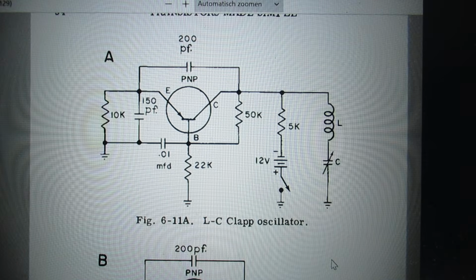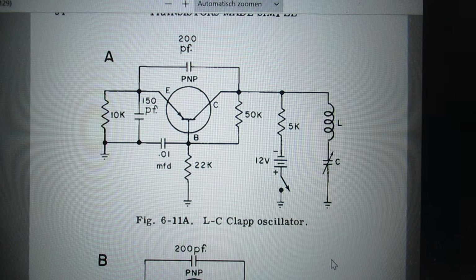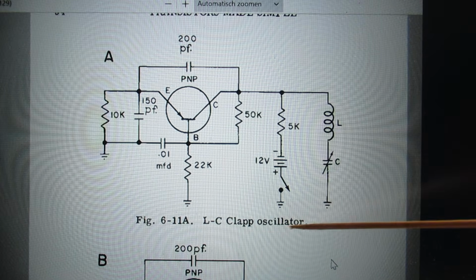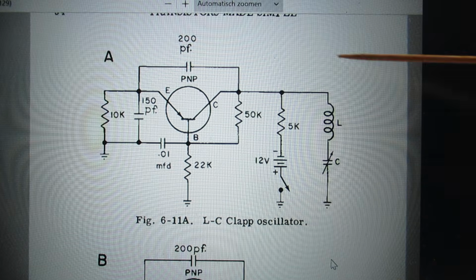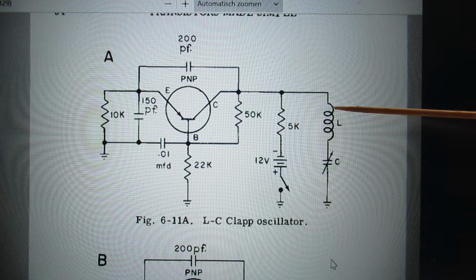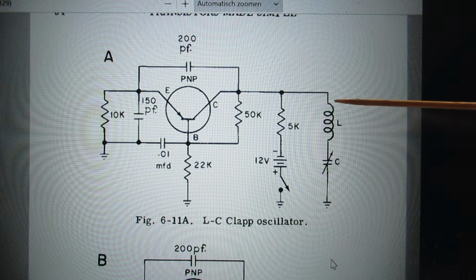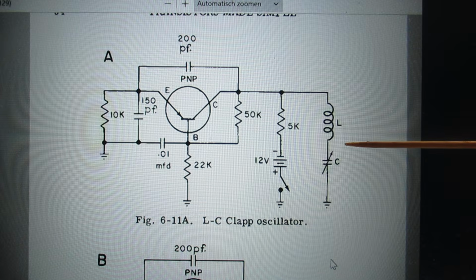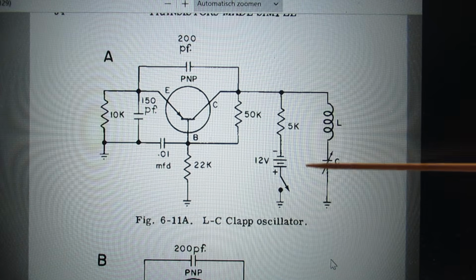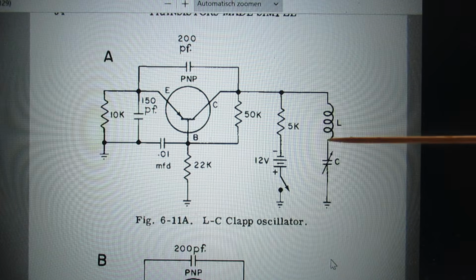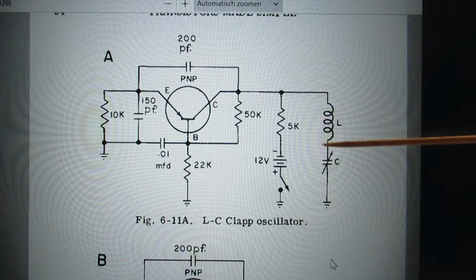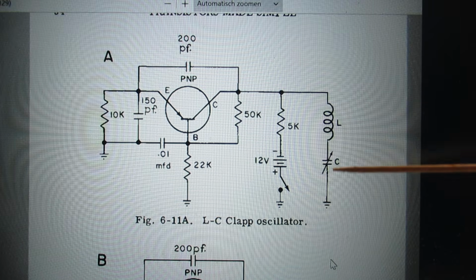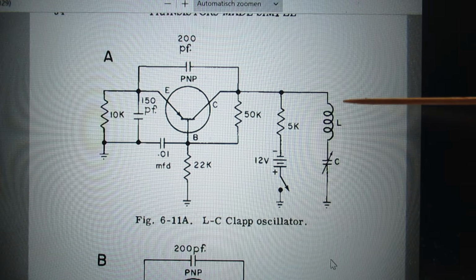A Clapp oscillator. Well, luckily there are component values. PNP transistor. The coil that sets the frequency is here. It is a series tuning, not parallel tuning. In series tuning, the capacitor is in series with the coil that is responsible for the frequency. So the capacitor here sets the frequency band.